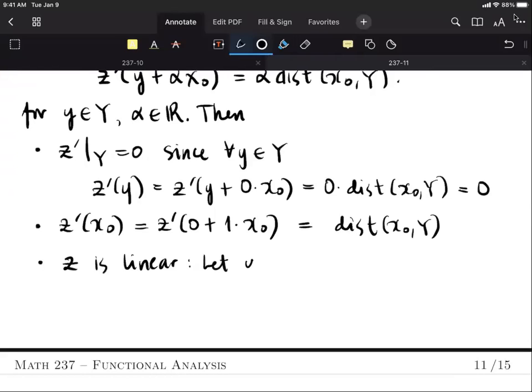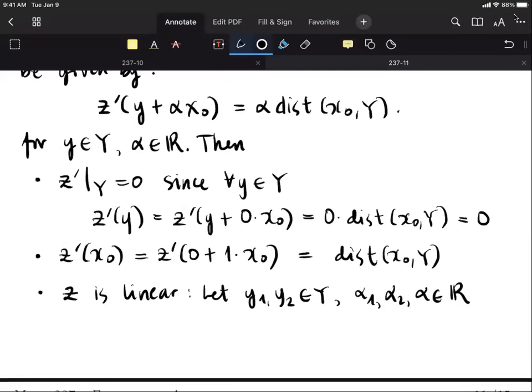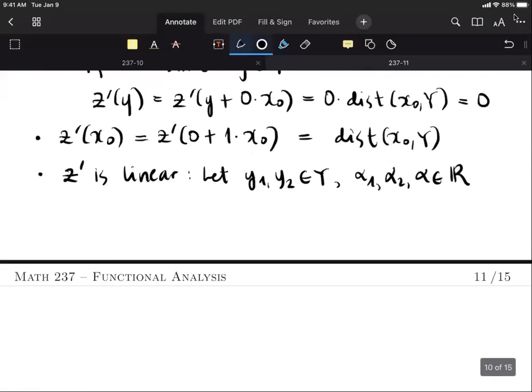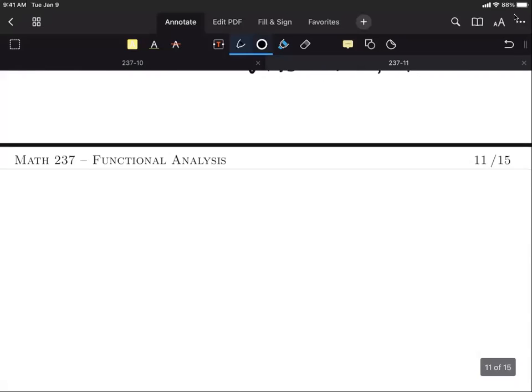So for this, let us take two elements, y1 and y2 in capital Y, and three scalars, alpha 1, alpha 2, alpha in R. So proceeding as before, let us take the value of the following linear combination.